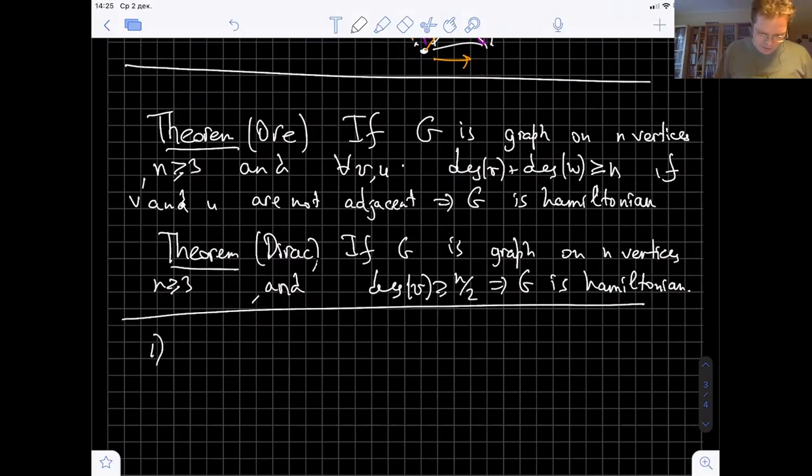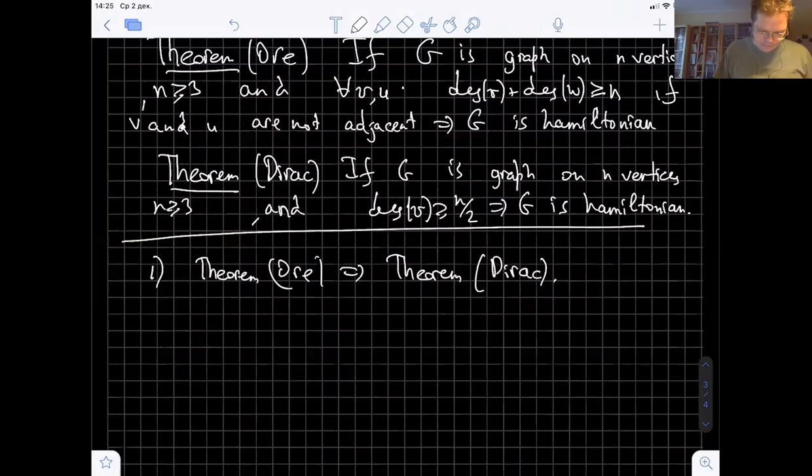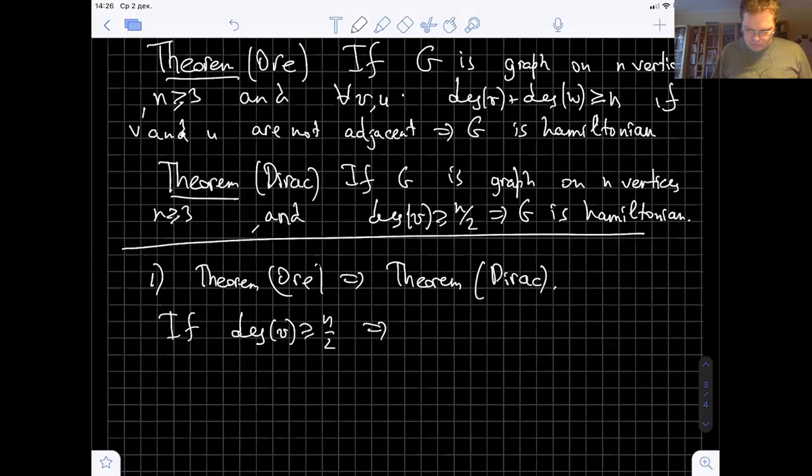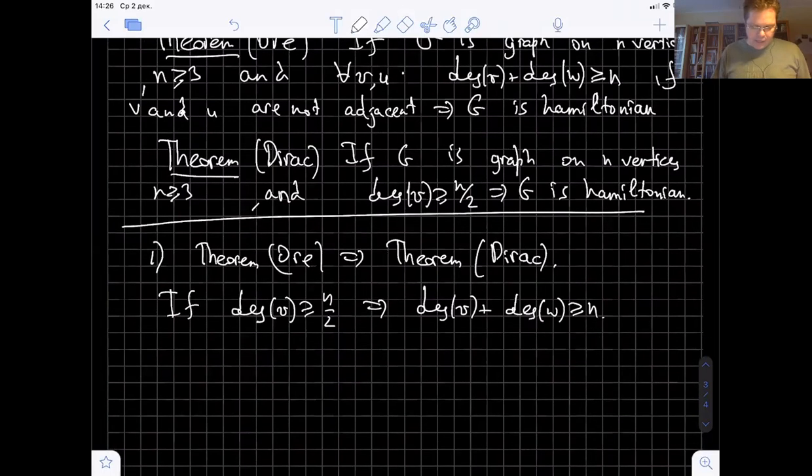First, if we prove Ore's theorem, then we have proved Dirac's theorem. So we just need to prove the first one. If the degrees of all vertices are greater than n/2, then for each vertex you have like this one.